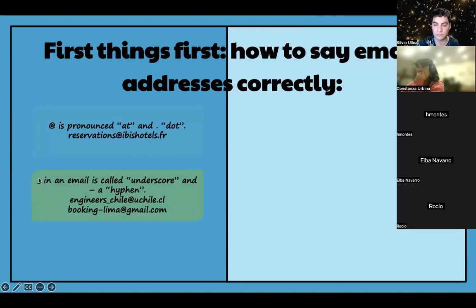This symbol here is called underscore. And this one here is called a hyphen. So for example, this email is engineers_Chile at utile.cl. And this email here is booking-lima at gmail.com.